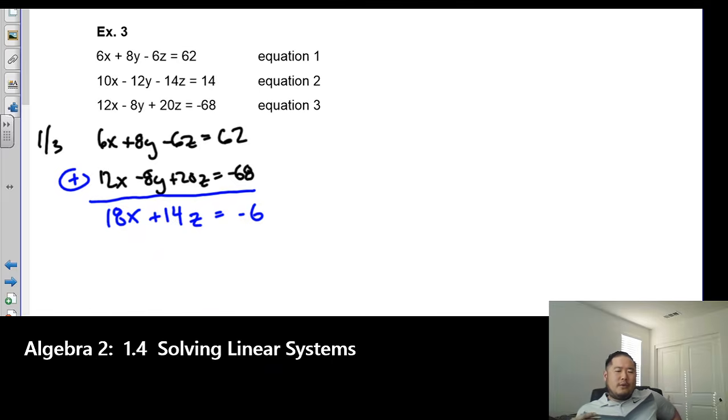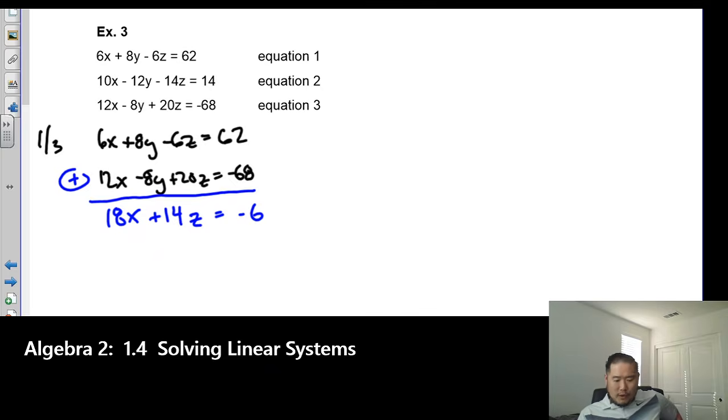So we have to get rid of the y's one more time. And it depends if you want to use equations 1 and 2 or equations 2 and 3. Remember, it doesn't really matter. You take your pick. But I do find that equations 1 and 2 might be better because if I look at the y's, one of them is already positive, the other one is negative.